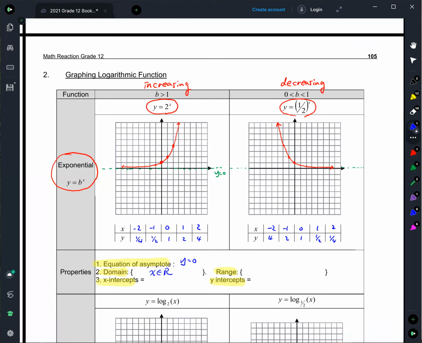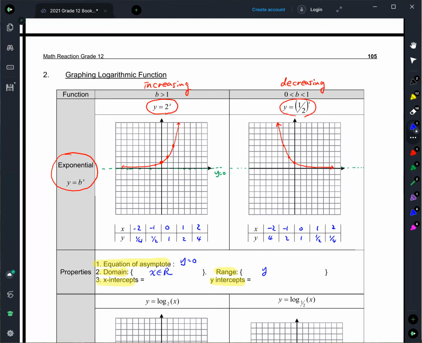Okay, Evan, are you back? Okay, Marcus, what's the range? Range has to do with the y, right?